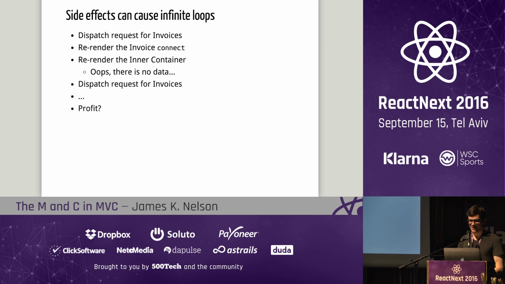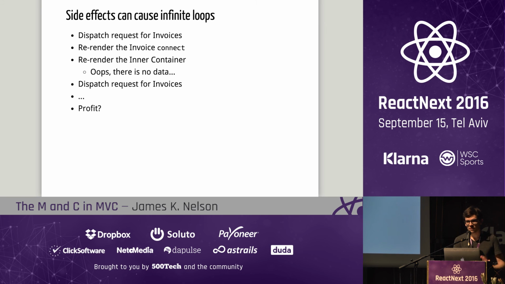Like, here is an example. This is probably the example, with names changed, from when I annoyed a bunch of users. If you dispatch a request for invoices, say we don't have any invoices, so we dispatch a request, okay, let's fetch our invoices. That will re-render the connect component, because every time we make a Redux action, connect is going to re-render.